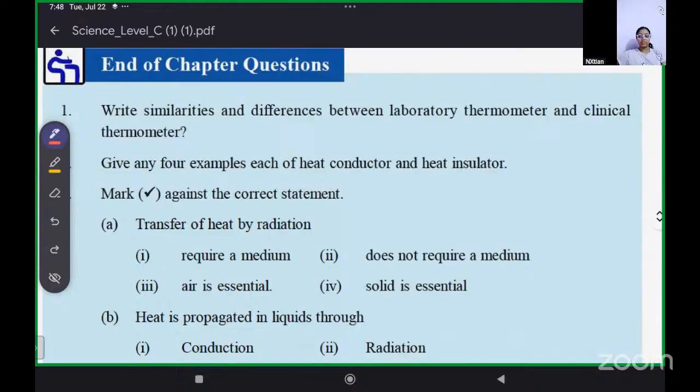Yes, Ibrahim. The difference is the laboratory thermometer is long and the clinical thermometer is short. Yes, that is right. And what else? The laboratory thermometer is more like a tube, but the clinical thermometer is more flat.